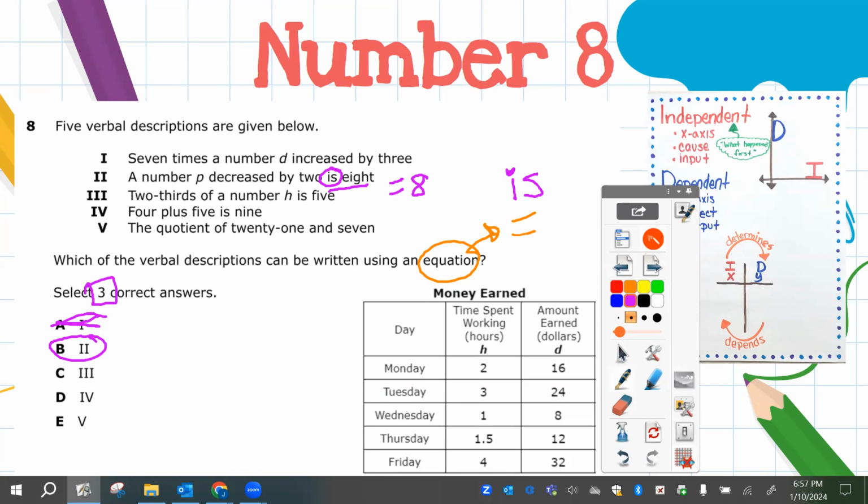So number 3, 2/3 of a number H is 5. So yep. 4 plus 5 is 9. That's an easy one. Literally, it says 4 plus 5 is 9. And 5, the quotient of 21 and 7. I do not see the word is, so that is not it. So my correct answers are B, C, and D.